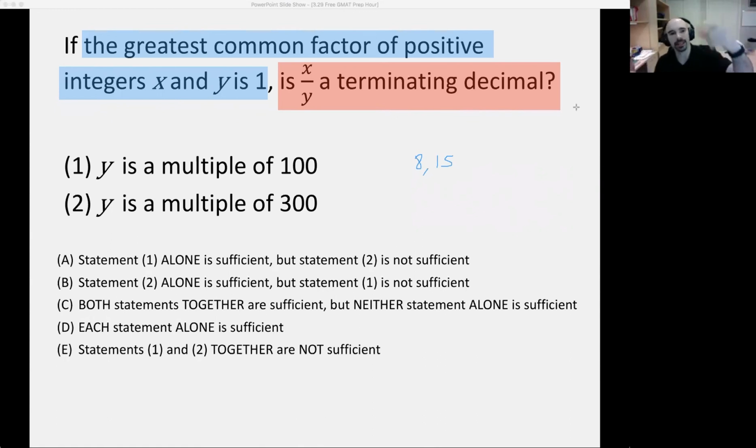In this case, they're asking, is the ratio x over y a terminating decimal? Why would that be relevant? What I mean is that it won't be useless, ever. There's always a reason why they gave us the free info, and our job is to figure out what that reason is. Otherwise, we're probably not going to do well on that question.